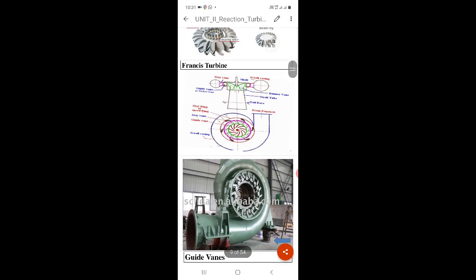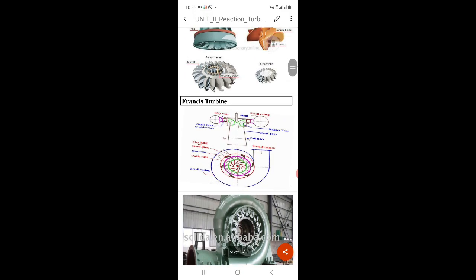So this is the actual view. It consists of the top view and front view of the Francis turbine. When water comes from the penstock, it goes to the guide vanes and scroll casing. The scroll casing gives the direction of the water, then it goes through the guide vanes to the runner.